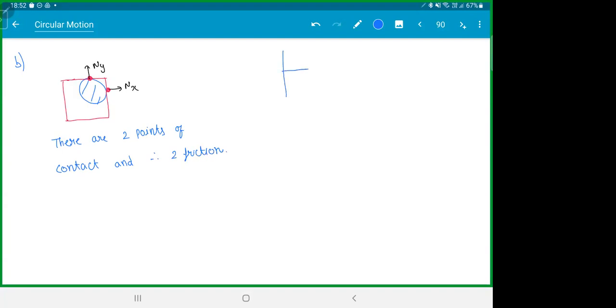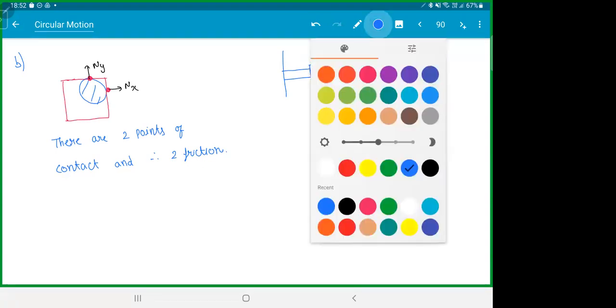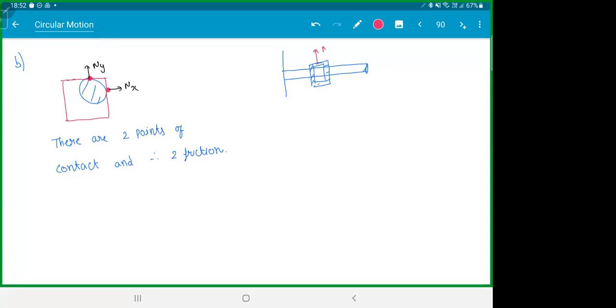So if you try to draw the FBD there, you have Ny, you have Nx, you have Fy, and you have Fx, mg, and centrifugal force.